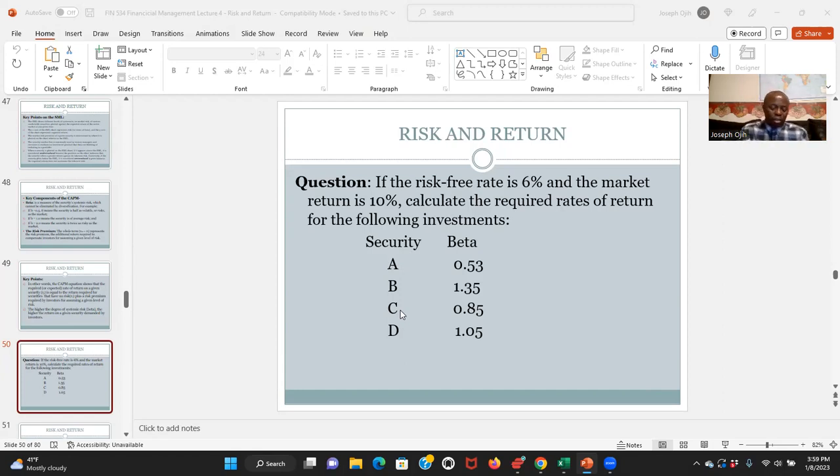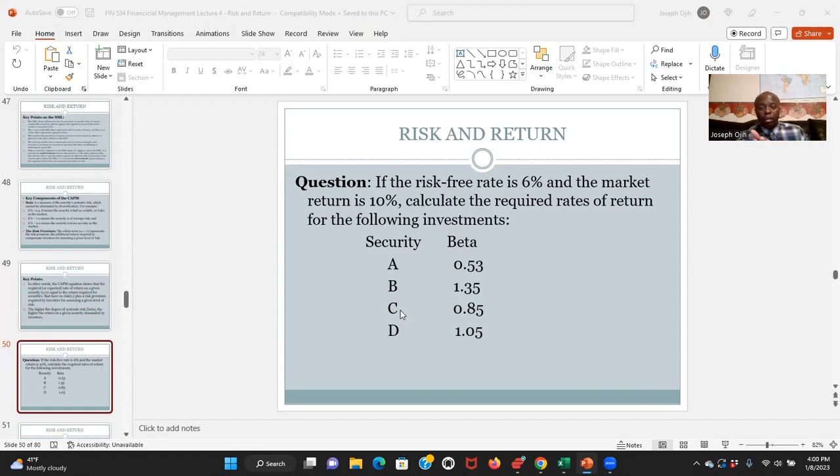I'm going to write some of this down so that we can put them in Excel or use the formula to calculate it. We are given the betas and the risk-free rate. We have securities A, B, C, and D. A is 0.53, B is 1.35, C is 0.85, and D is 1.05.